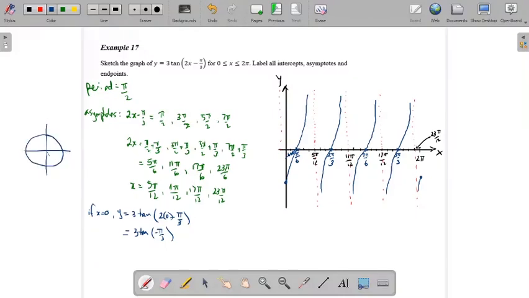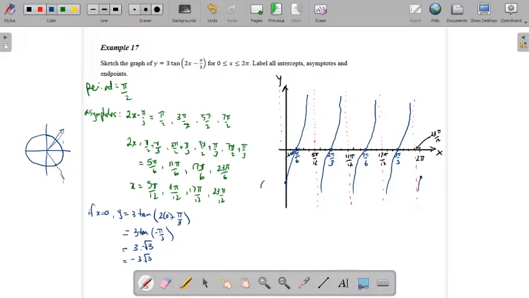And tan of negative pi on 3 is down here, which would be the negative value of pi on 3, which would be up here. And according to our information table, tan of pi on 3 is going to be root 3. So that's 3 times root 3, but of course it's negative. So negative 3 root 3 is our value.